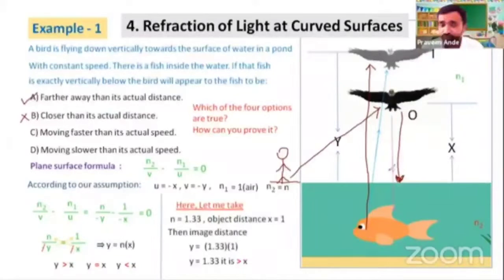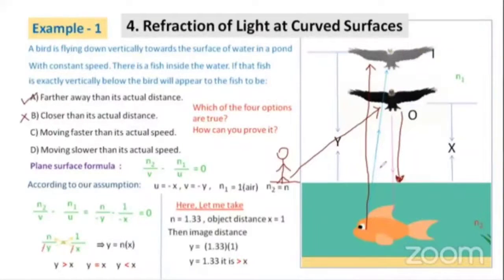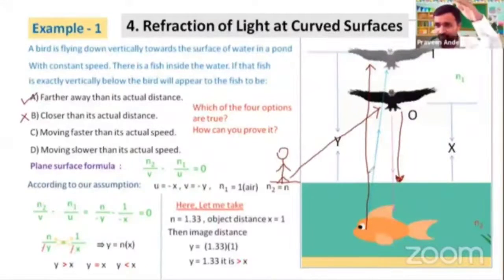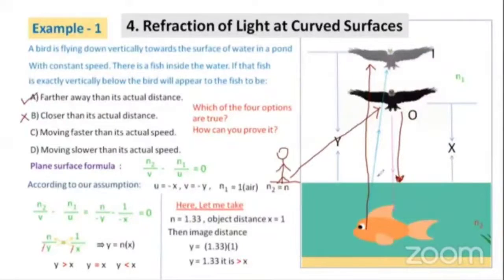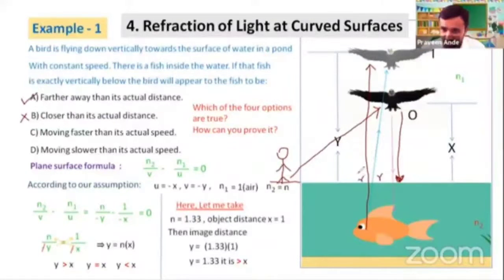What about its image? Will it remain above the water level or reach the water level? It reaches the water level. Very good. Both the object and the image reach it. Is it clear? Yes, sir.